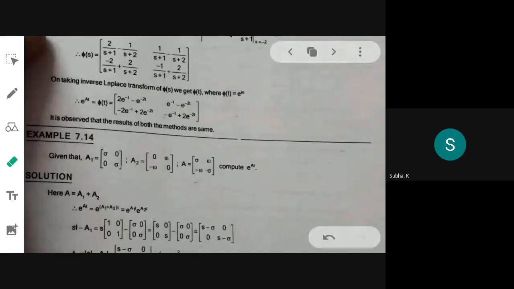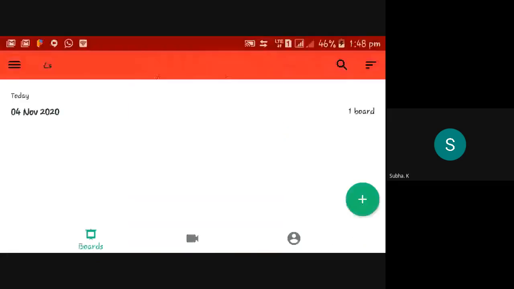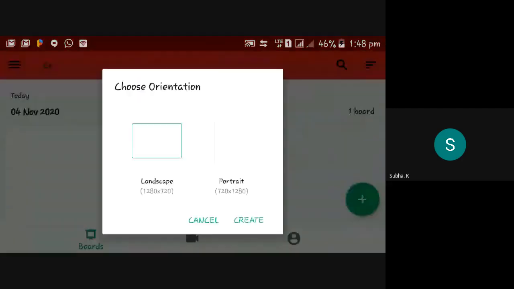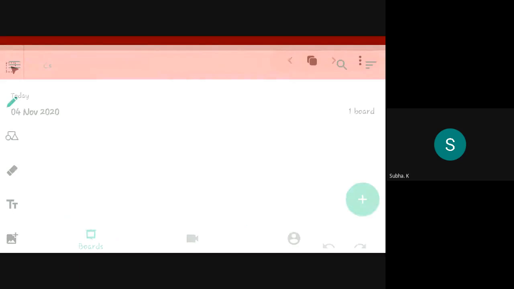Okay, if you people have finished trying out, at least will you be able to tell me what is e power A1 t? A 2 cross 2 matrix is easy only. A1 is sigma 0, 0, sigma.